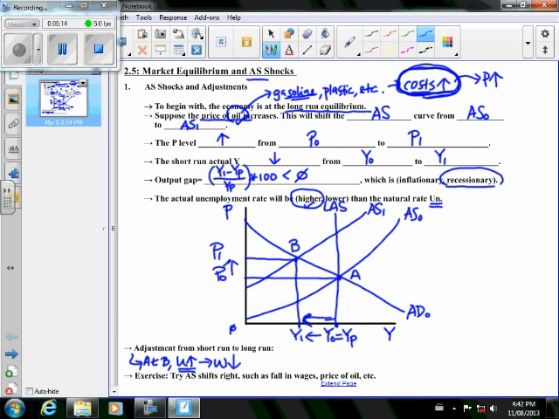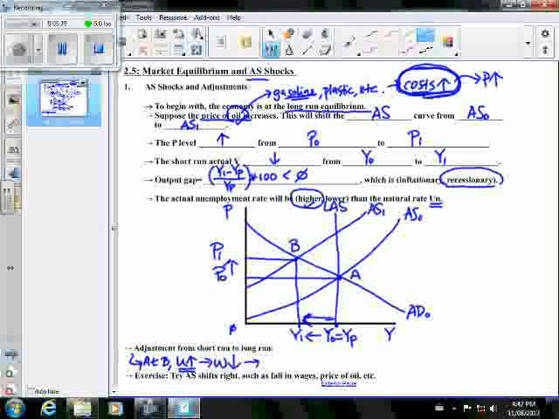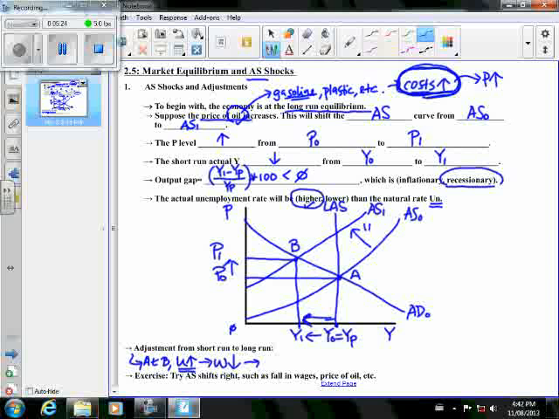They will be happy just to get a job. If that is the case, this would mean the reason why AS shifted in the first place was increase in the price of oil. Now workers find it much harder to get jobs. They're willing to actually work for a lower wage. We would go from point B, start to return to point A.